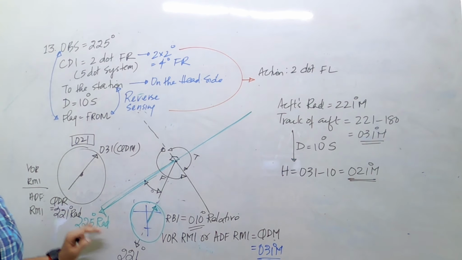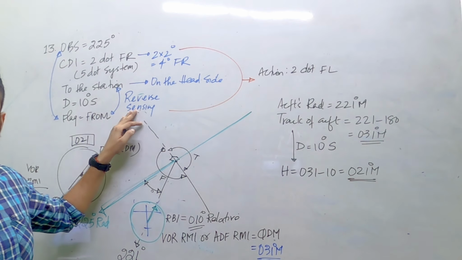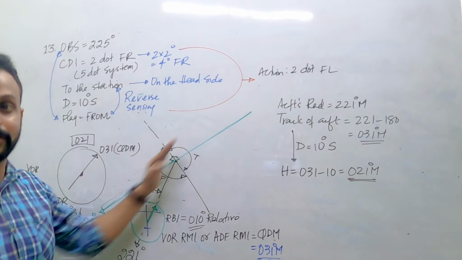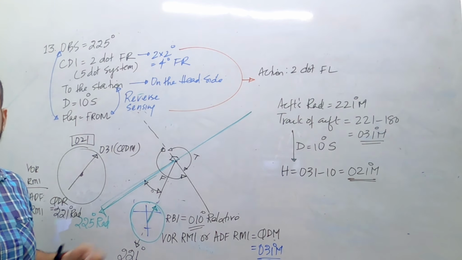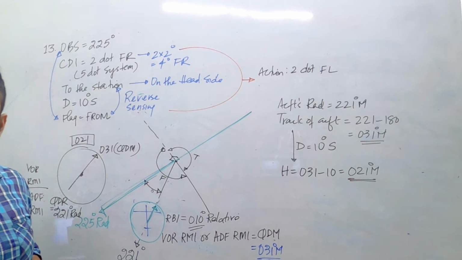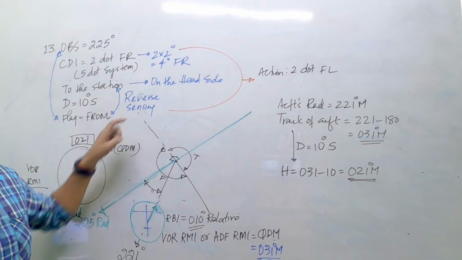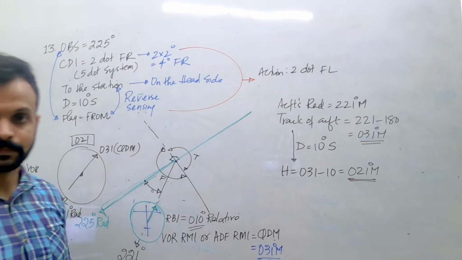If I OBS the exact radial which I hear on radio, I'm going to experience a reverse sensing. If I'm coming inbound, if I'm clever enough, I would OBS the opposite radial. Even if they told me 225, I will just do 225 minus 180, which is 045, and I will OBS 045. Thereby, this will become forward sensing, or command sensing, and you can just follow the instrument straight.